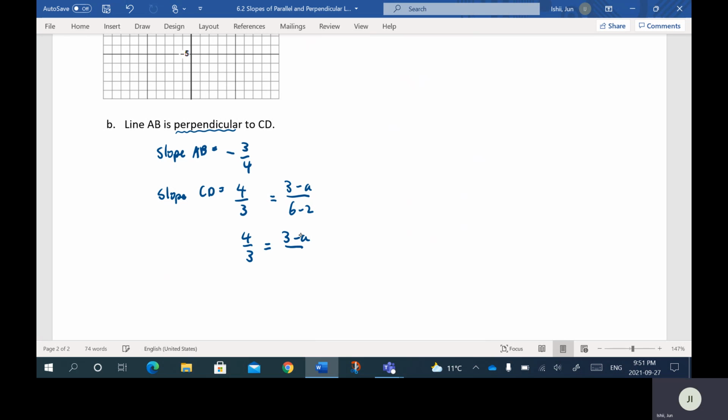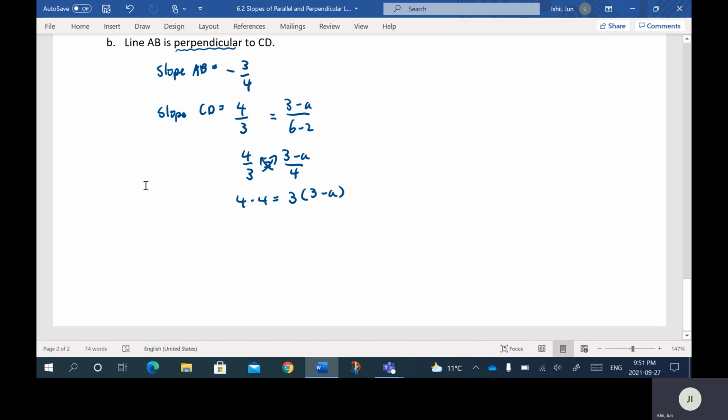First step, 6 minus 2 is 4. To solve for A, I'm going to cross multiply. So 4 times 4 on the side is going to equal 3 times (3 minus A). Let's solve for A. On this side, 4 times 4 is 16.